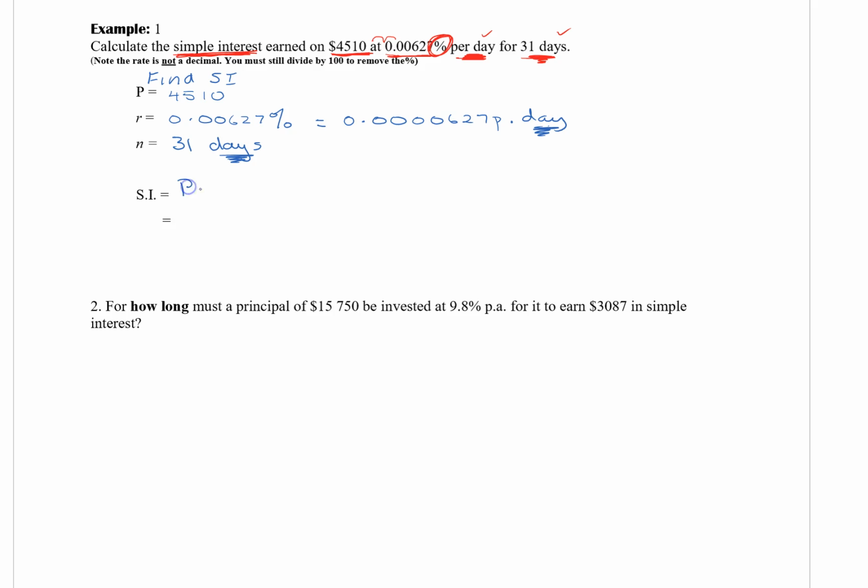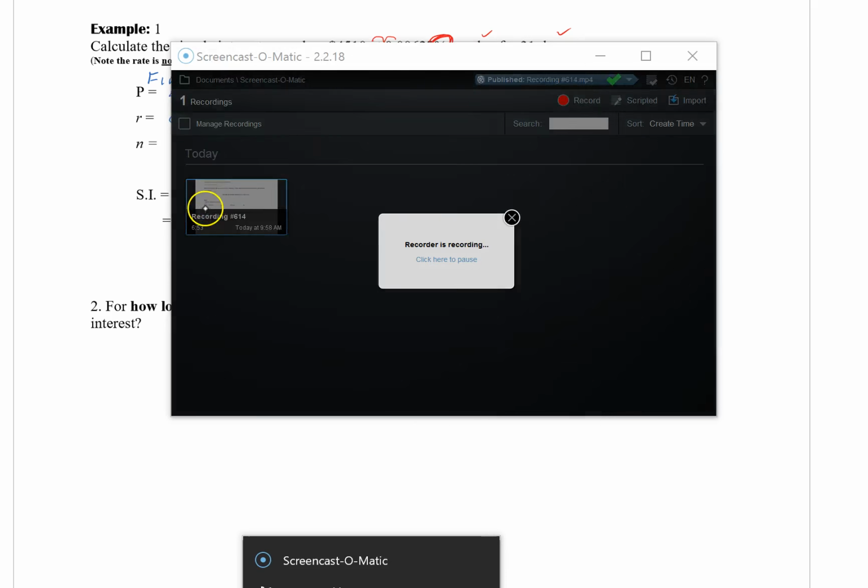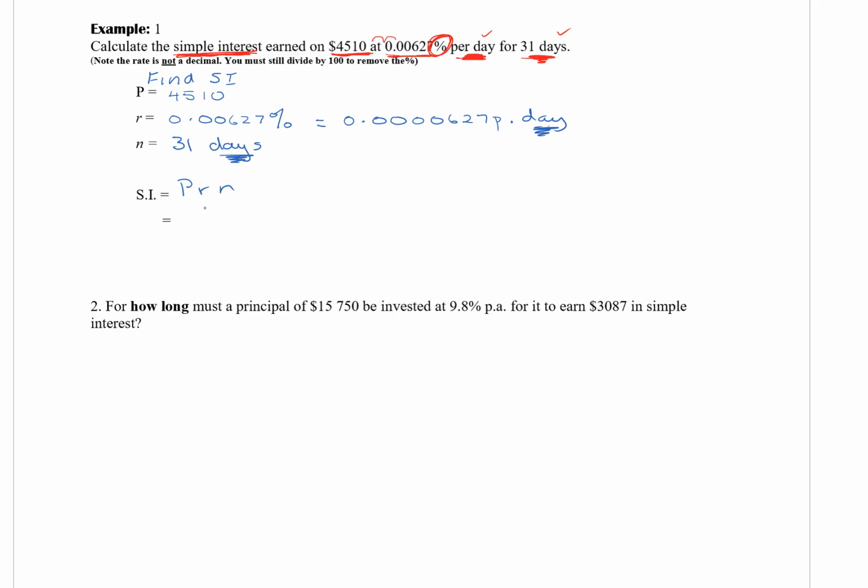Simple interest is PRN, which becomes, we've got our P, 4510. We'll use this value for R, which is the 0.0000627. So you can see we're not using the number that was given in the question.